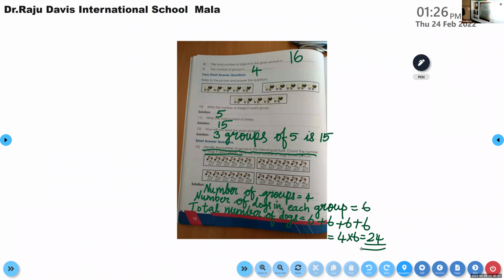Now I want to tell you one thing. I'm giving you one activity. What's the activity, you know? You have to take 1/4 of a chart paper. Not a full chart paper or half chart paper. 1/4. If you are cutting into 4 pieces, 1 piece. Draw the border line, and on the top you can write multiplication tables.